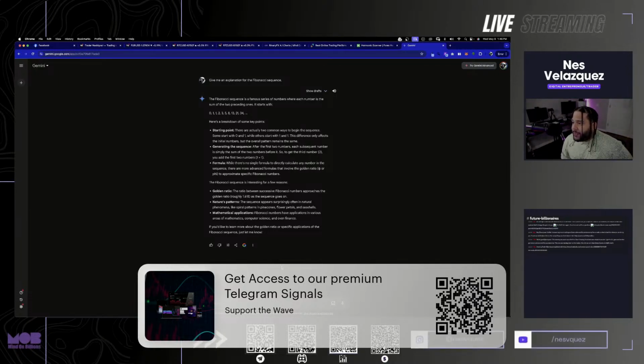The ratio between successive Fibonacci numbers approaches the golden ratio, roughly 1.618, as the sequence goes on. Nature's patterns. The sequence appears surprisingly often in natural phenomena like spiral patterns in pine cones, flower petals, and seashells. Mathematical applications. Fibonacci numbers have applications in various areas of mathematics, computer science, and even finance."